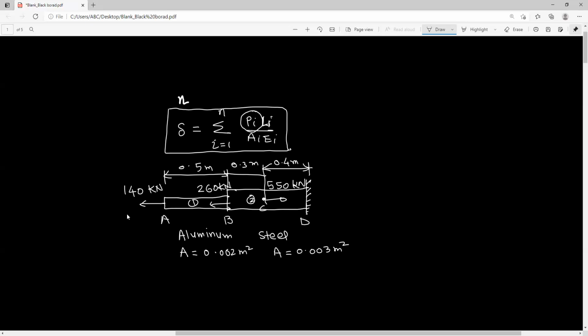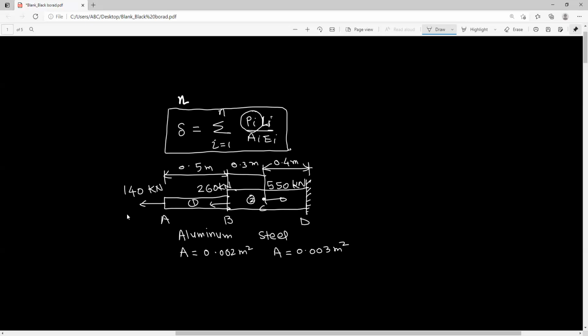Only then can you add up the deflection. It is not the direct adding of the forces. First we have to calculate the internal axial force within each component of the bar, then calculate the deflection of the individual component, and then add it.